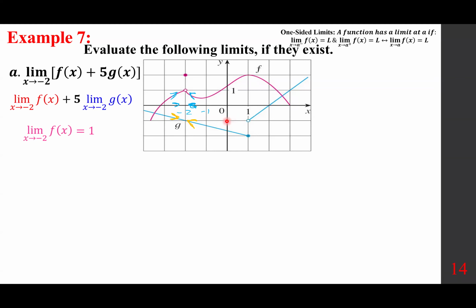See, this is negative 1, negative 2, this is 0, this is plus 1, plus 2 along the y-axis. So the limit of g of x as x approaches negative 2, we are looking at the blue one, the left, the right, and that gives us negative 1. So plug in, you get 1 plus 5 times negative 1, which is equal to negative 4, and all is fine.